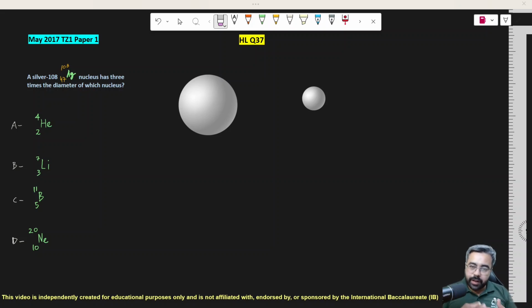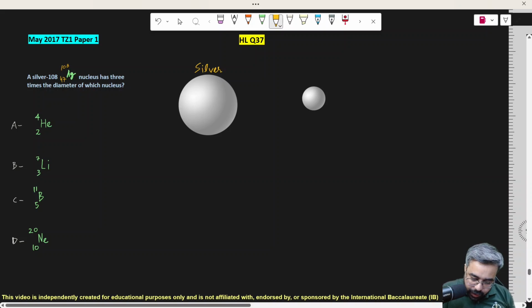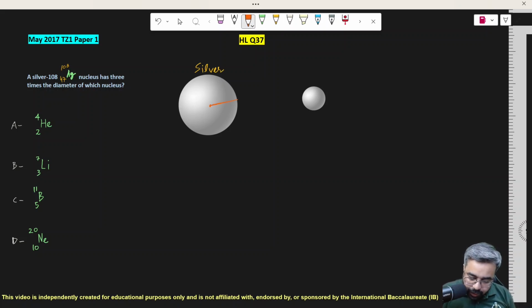For instance, in this question, what is given to us is that this is a silver nucleus, and in the question it is mentioned that the diameter of the silver nucleus is 3 times the diameter of that unknown element which we have to identify. So I would say that this is that unknown element, and if its radius is r, then the silver's would be 3r according to the question.